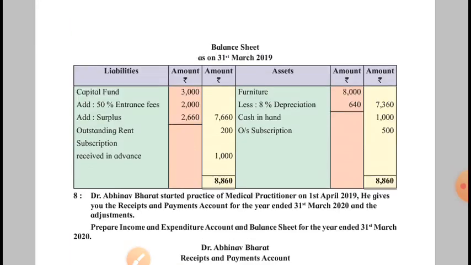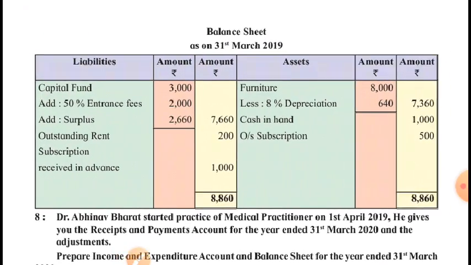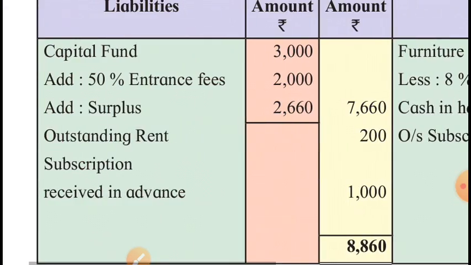Get it confirmed. Here it is. Capital fund as given in the problem was of rupees 3,000 plus 50% entrance fees added 2,000 plus surplus added 2,660.